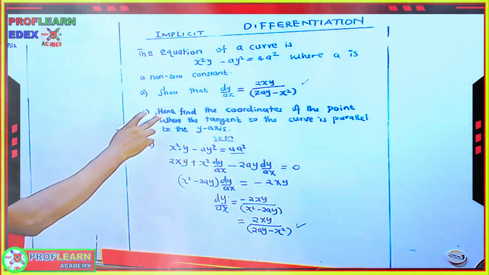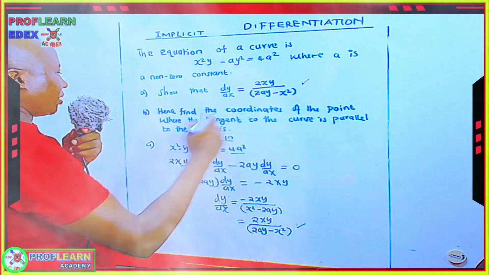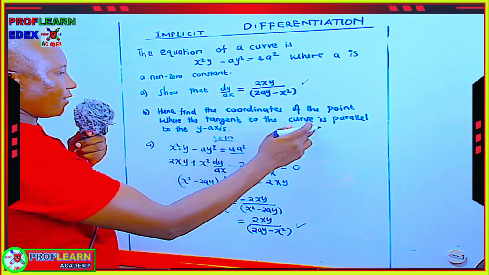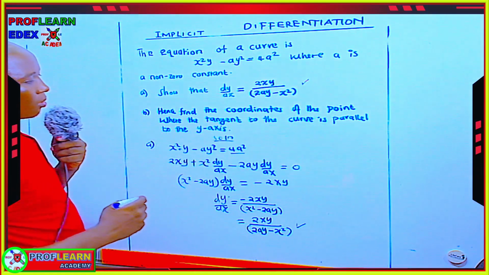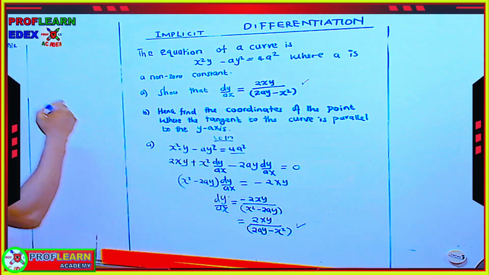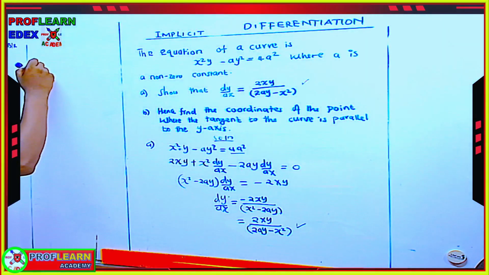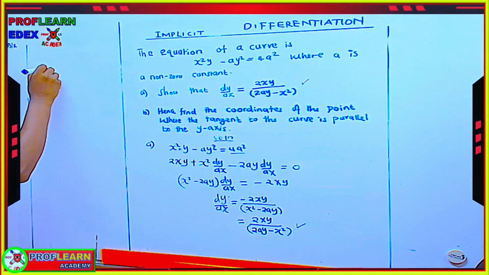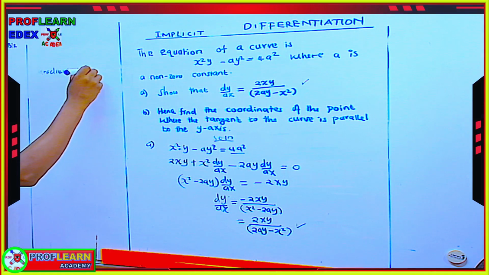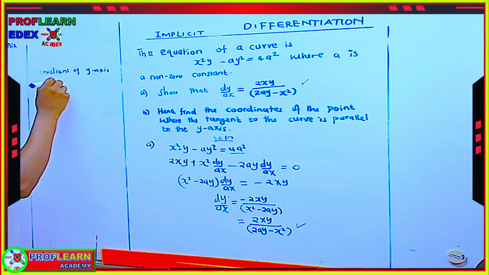Next part, you are told, hence find the coordinates of the point where the tangent to the curve is parallel to the y-axis. So remember, the gradient of the y-axis is infinity.